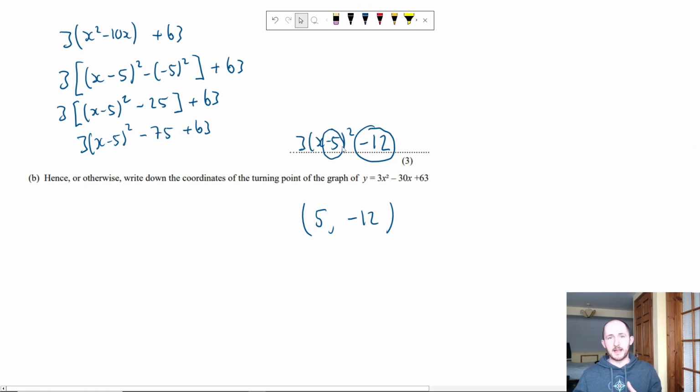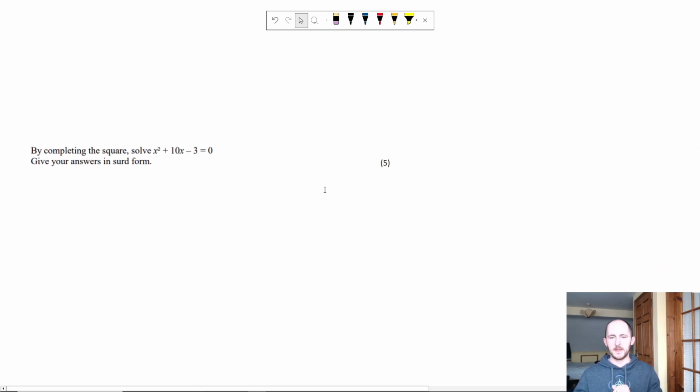Now, what's even better about this is that inside the bracket, there'll always only just be x. There'll never be 2x or 5x or 10x. So as a result, it literally always is flip this sign, put it here, keep this the same. Always. Super, super lucky.